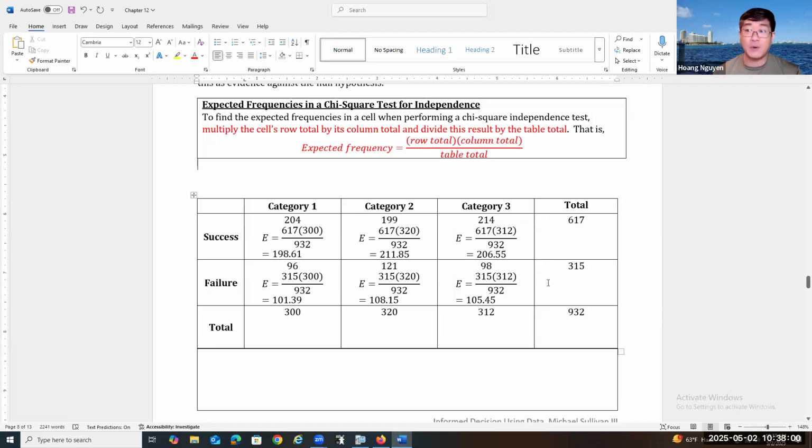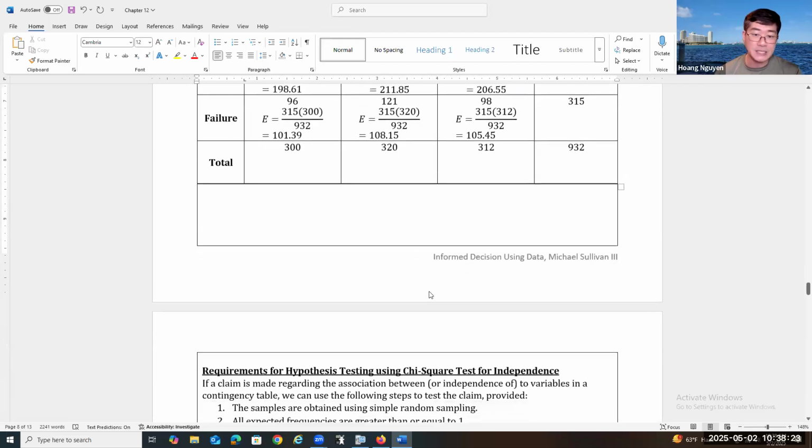You might do this calculation by hand, or you can use a shortcut and get the answer directly. So this is how we calculate the expected frequency from a contingency table. But when you're using the shortcut, you don't really have to calculate the expected frequency because the shortcut will help you with this calculation. So we don't really have to calculate this by hand yet.